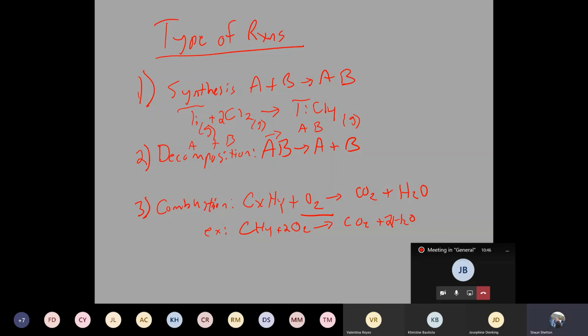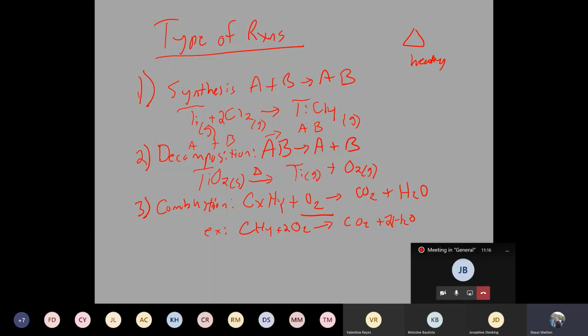Now decomposition is the opposite. A good example for that would be where you take titanium dioxide and heat it up, so the universal symbol for heating is a triangle, and it breaks down to titanium plus oxygen gas.